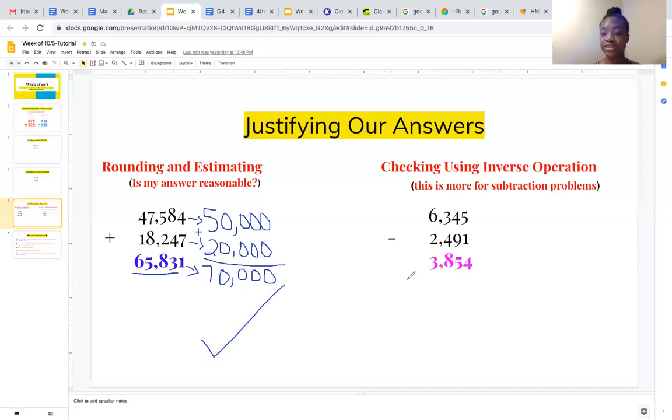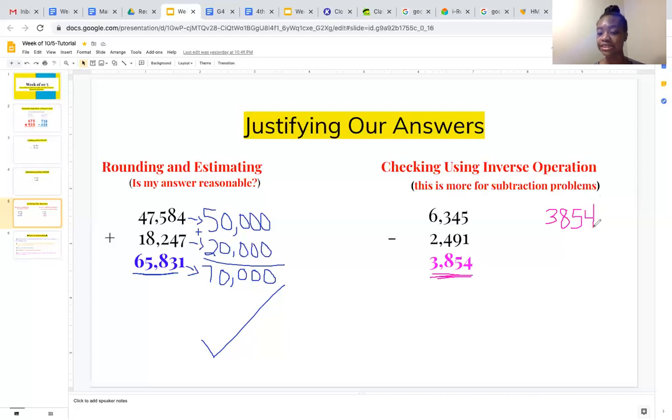When we are subtracting, a way that we can check this, and I highly recommend that your child uses the inverse operation to check his or her work, is to take our difference, right? So the answer to that subtraction problem, and we're going to add it to the smaller of the 2 numbers in our original problem.